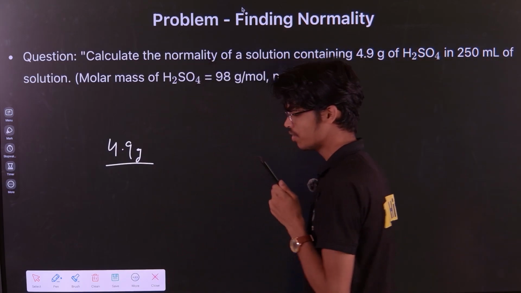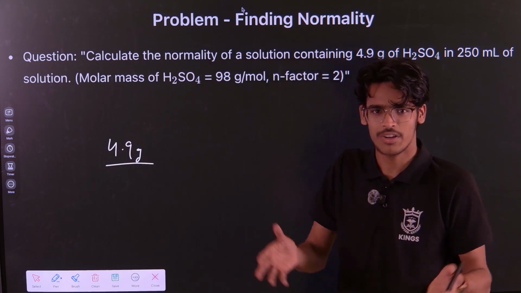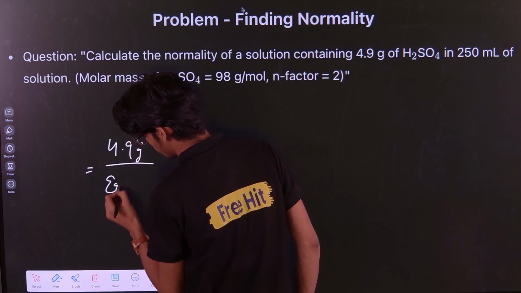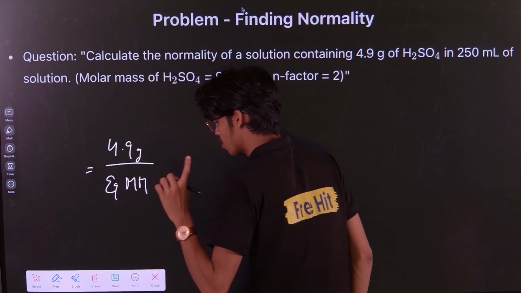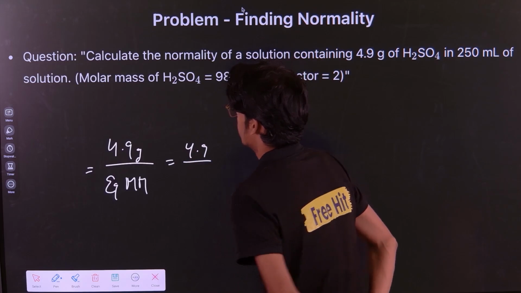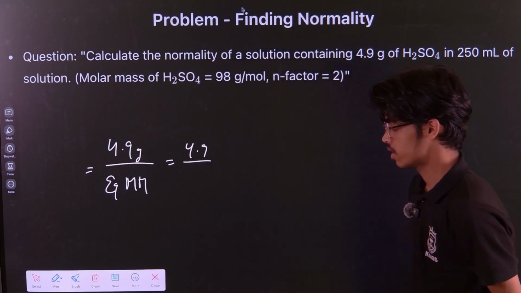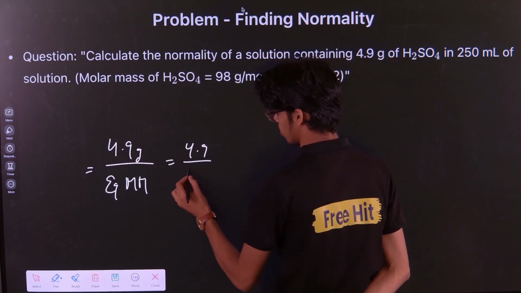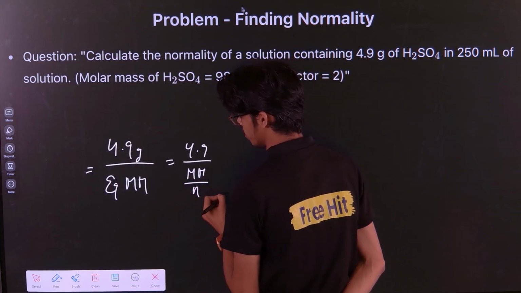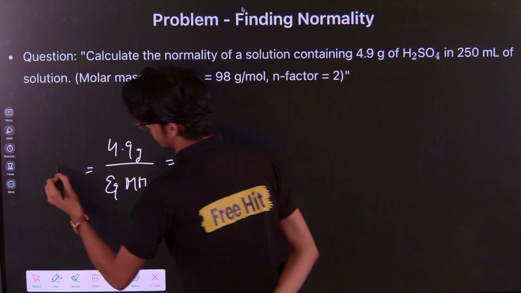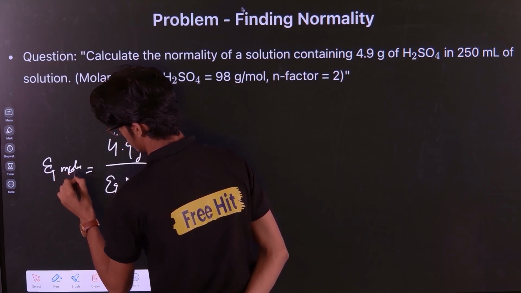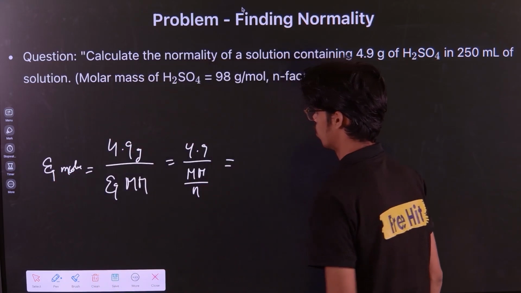But we want equivalent moles, not normal moles, so we have to divide by the equivalent molar mass, not the normal molar mass. Now remember, what is equivalent molar mass? How can you find it? You divide the normal molar mass by the value of n factor. That's how you get equivalent moles. Now 4.9.